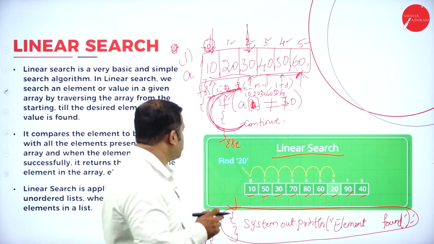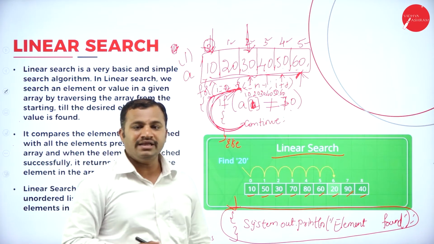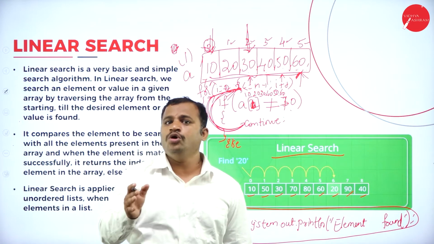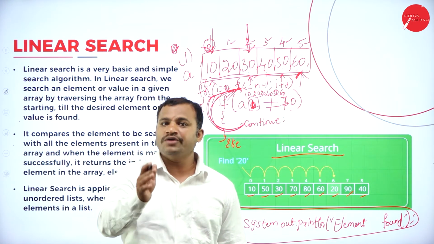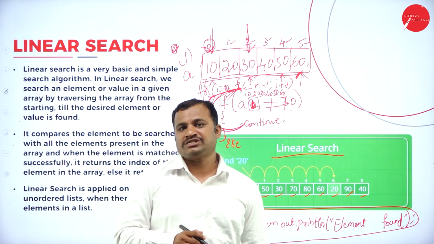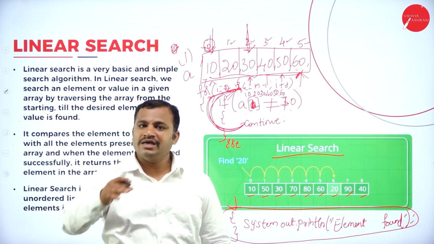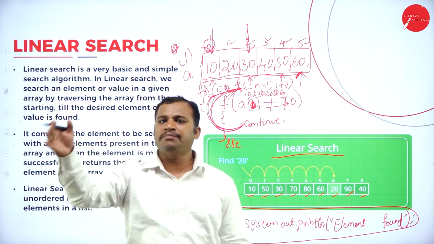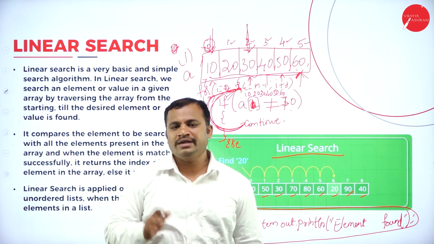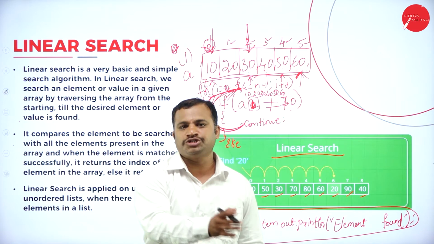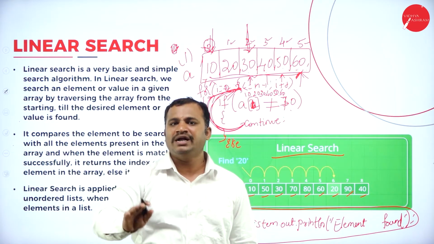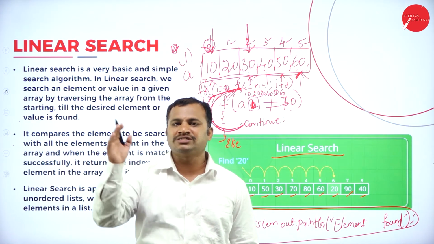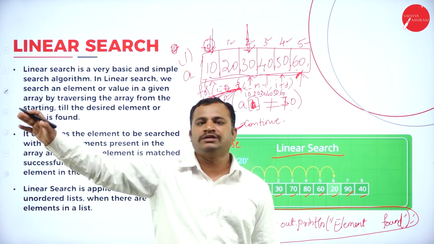But there is one condition: linear search depends on two different types of arrays, whether the array is sorted or unsorted, it does not matter for linear search. It keeps searching from the very first position to the last position, and if the element is found in the list, it says the element is found. Otherwise, it says the element is not present in the list.